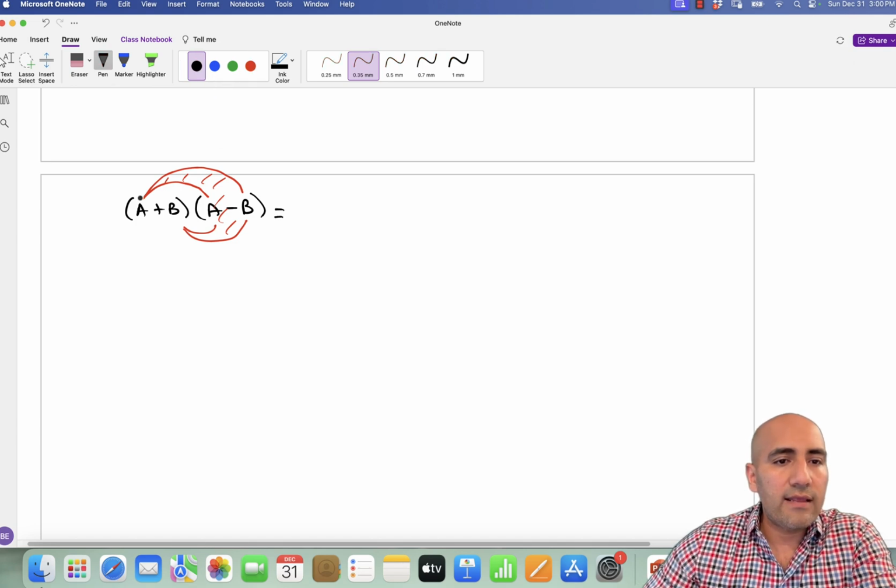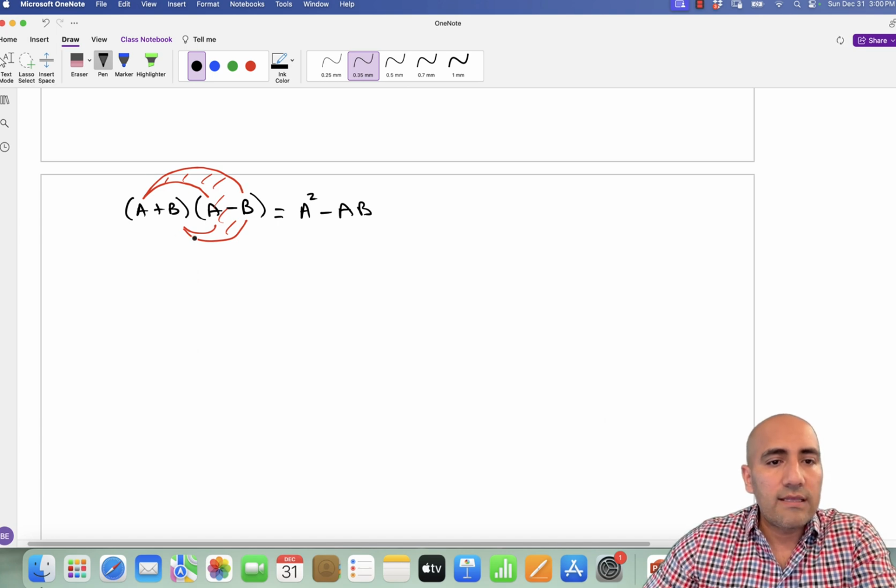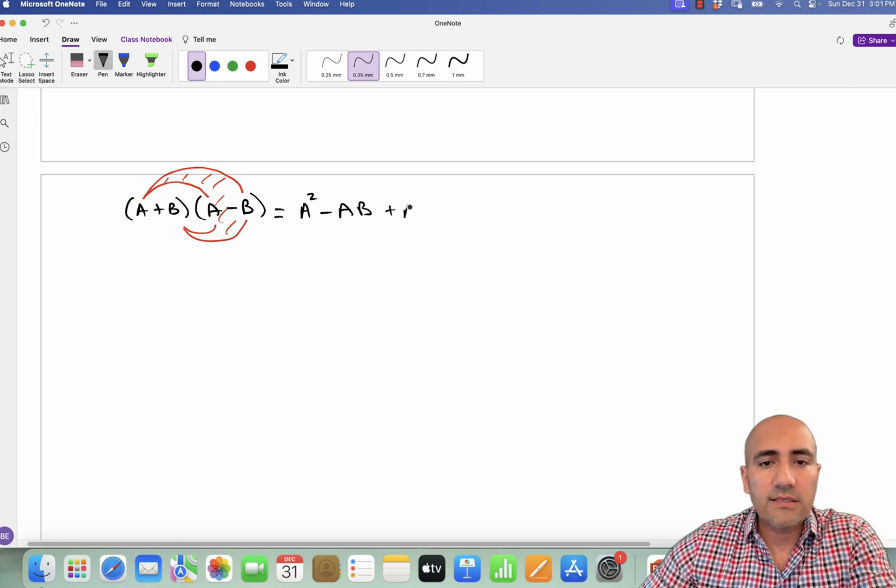So if we do that, a times a becomes a squared. A times minus b becomes minus ab, right? This is from the first and the outer. The inner is b times a, or a times b, so this is plus ab. And then finally the last is negative b squared, right?